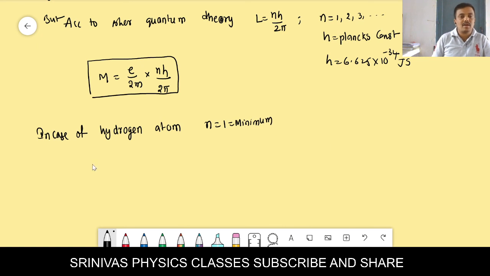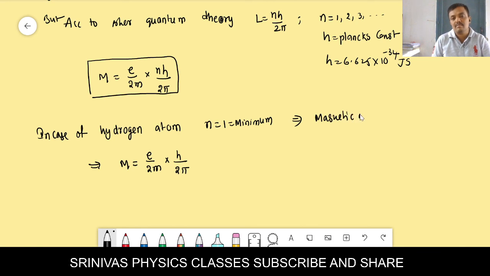At that moment, what happens to the magnetic moment of the revolving electron in hydrogen atom? e by 2m into h by 2 pi we have to write. And in case of hydrogen atom, the n value is minimum, means the magnetic moment also becomes minimum. Is it right?